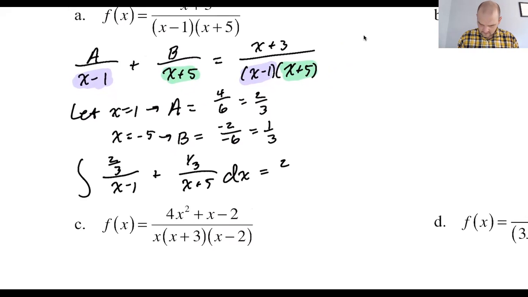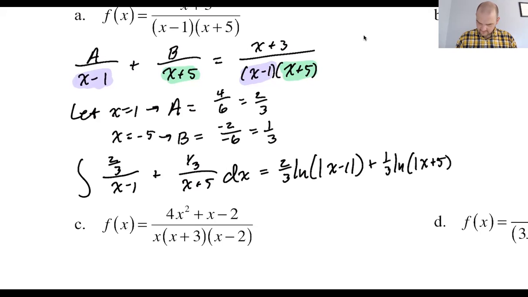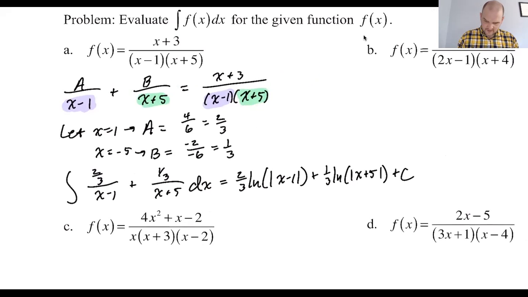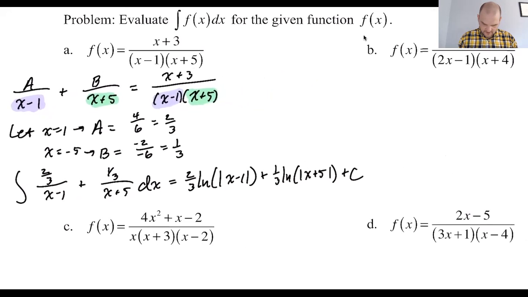So we get 2/3 natural log absolute value of x minus 1, and then plus 1/3 natural log absolute value of x plus 5, close the parenthesis, and then plus C. And then I'm way over, so I'm going to use some iPad magic here and move my whole answer over to the margin a little more, just so I have more space to work on the next problem.